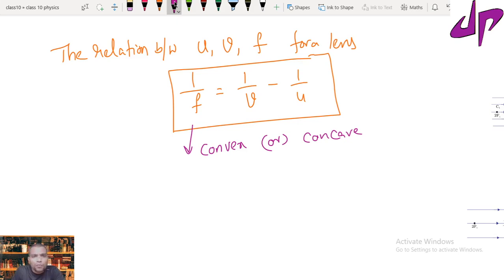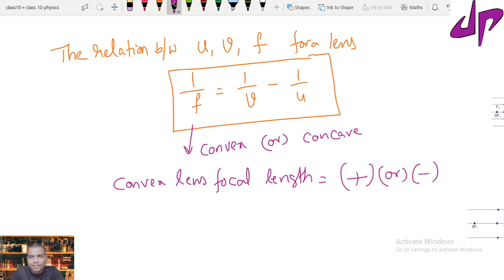Now, what is the focal length of a convex lens? What is the sign of the convex lens focal length, whether it is positive or negative?